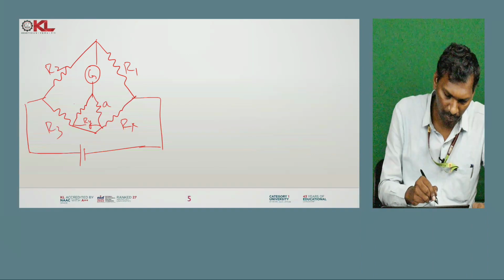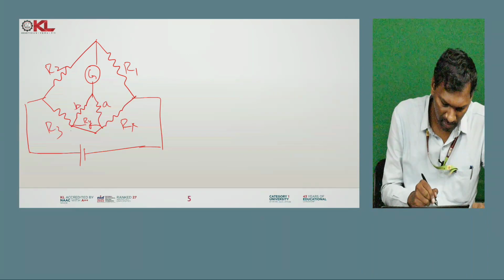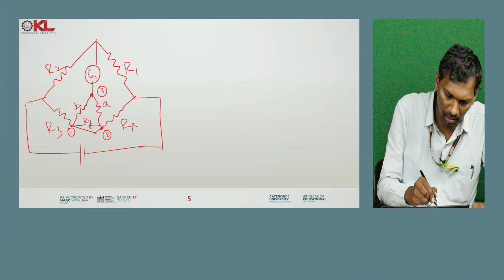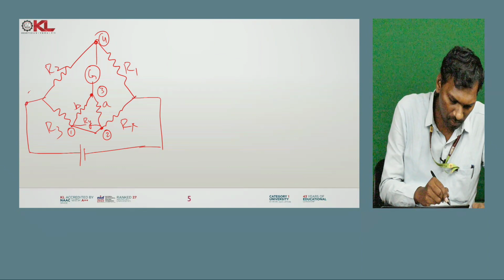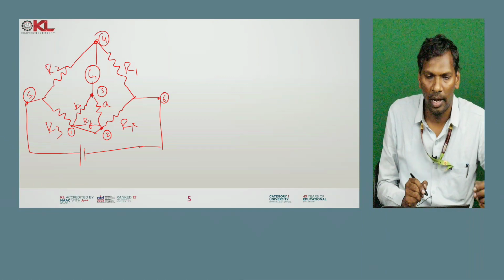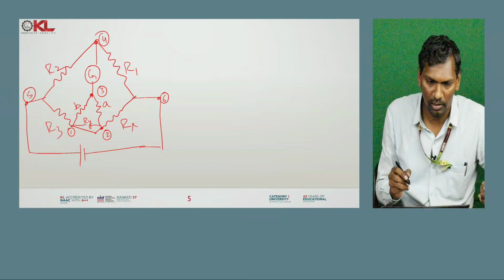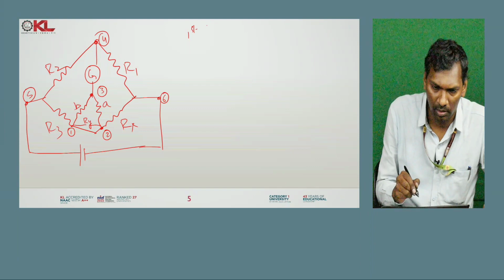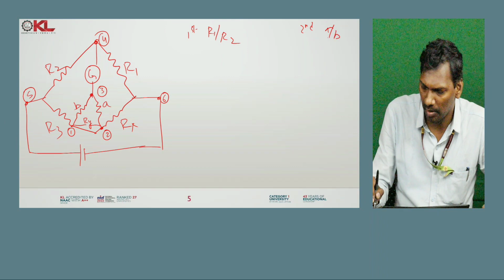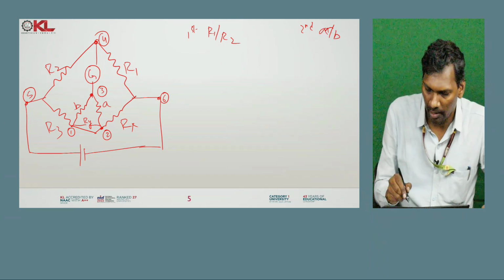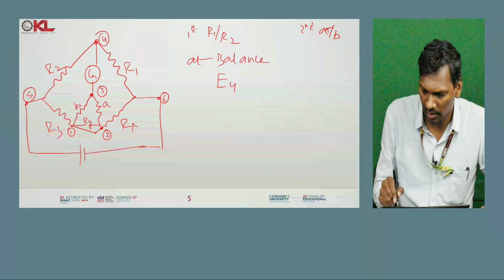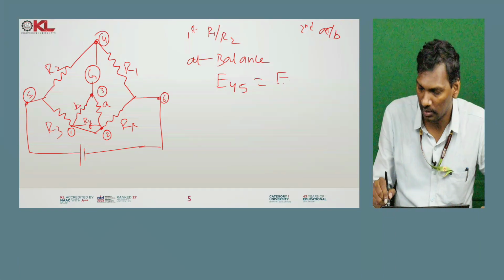Let us consider this is A, this is B, and consider the points as 1, 2, 3, 4, 5, and 6. And at the balance condition, the first combination is R1 by R2 and the second combination is A by B. At the balance, the voltage across the 4, 5 terminals is equal to the voltage across 5, 1, 2.